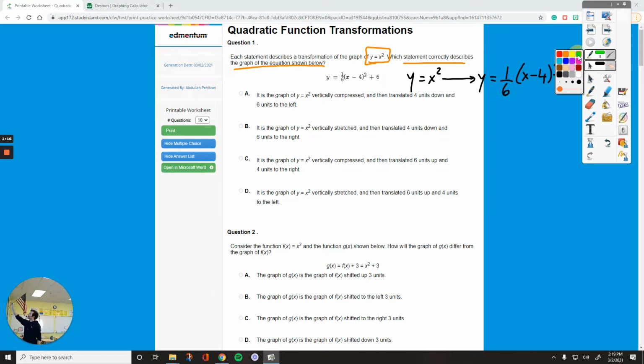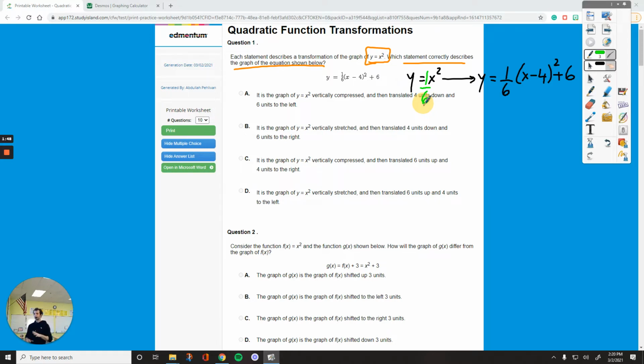I want to start with the multiplication. Let's start with 1 over 6 times. When we multiply that original x squared by 1/6, that tells us either vertical stretch or vertical compress.